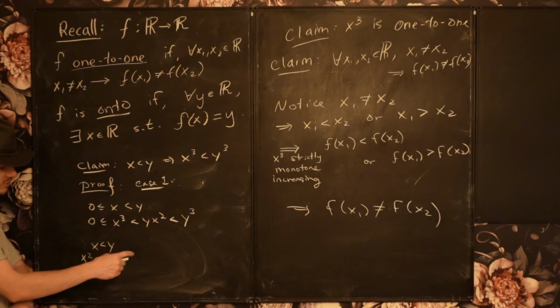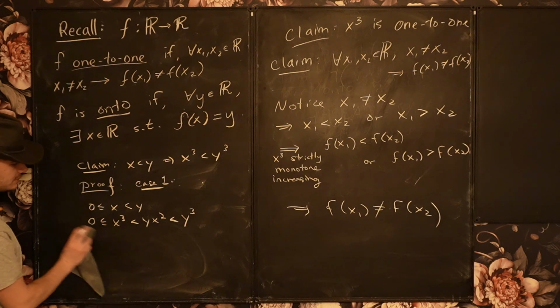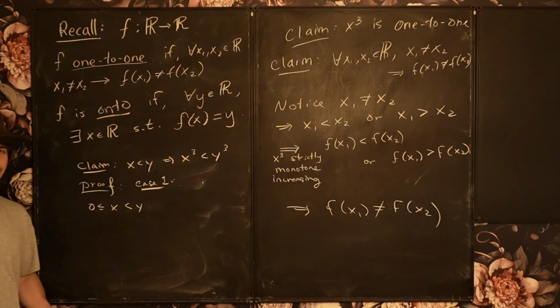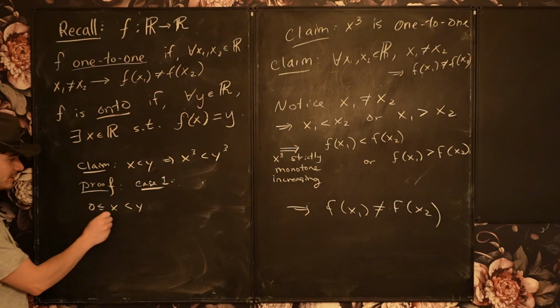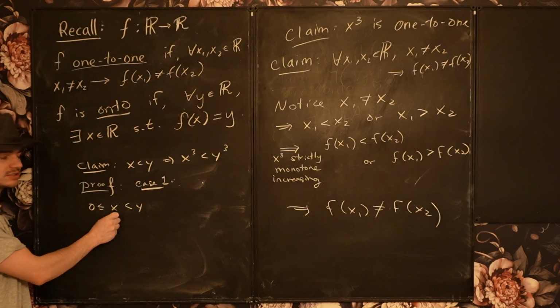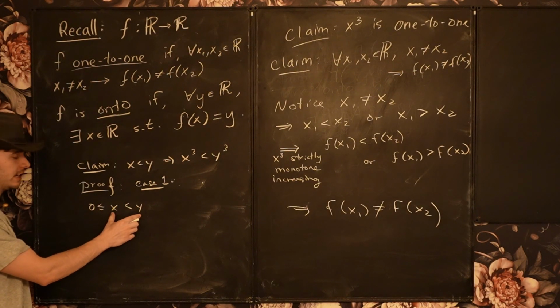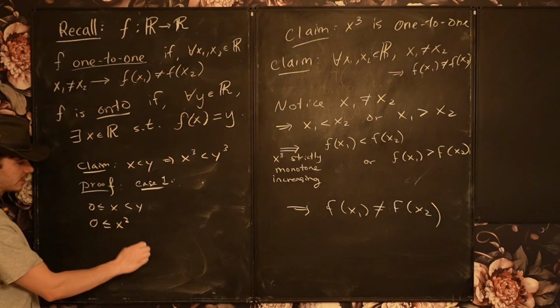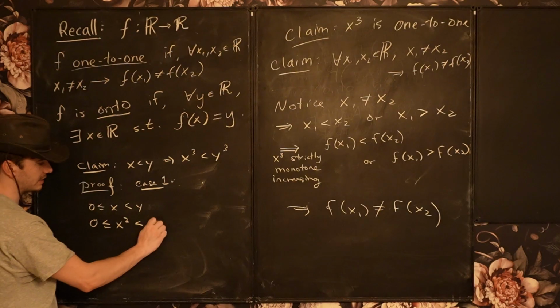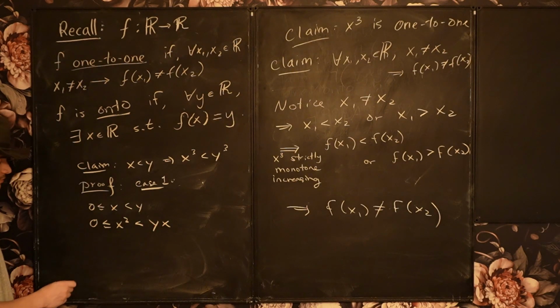Let me make it as rigorous as possible. We need rigor here. So 0 less than or equal to x less than y. Since x is positive, I can multiply this inequality by x, which tells me that 0 is less than or equal to x squared, which is less than yx.